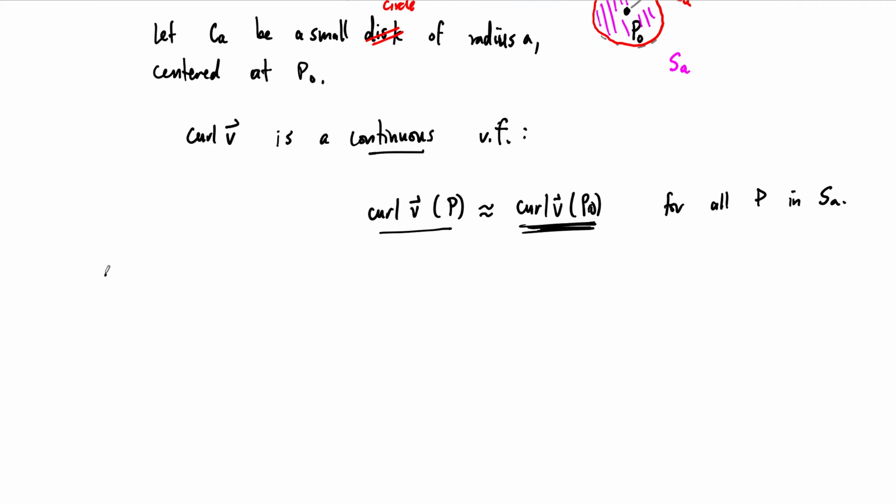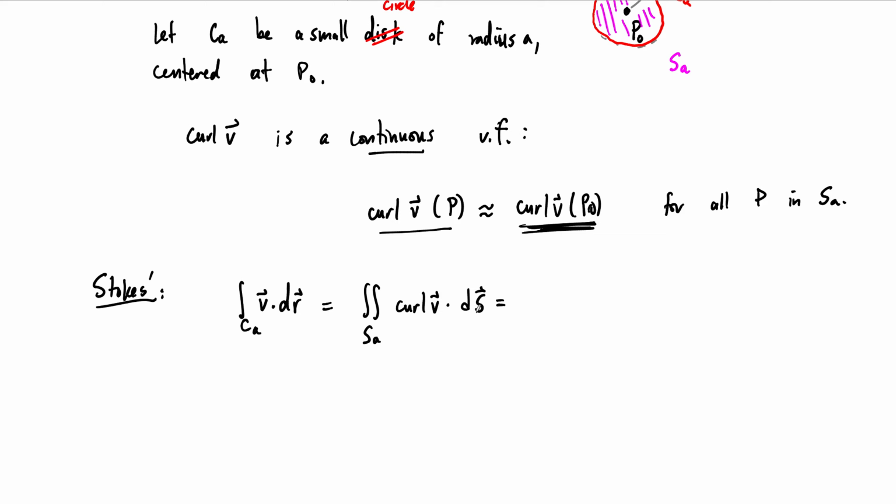So now we're ready to call in Stokes Theorem. Stokes tells us that the circulation around C sub A, so the circulation around this tiny disk, is equal to the surface integral over the entire disk, S sub A, of the curl of v dotted with dS.